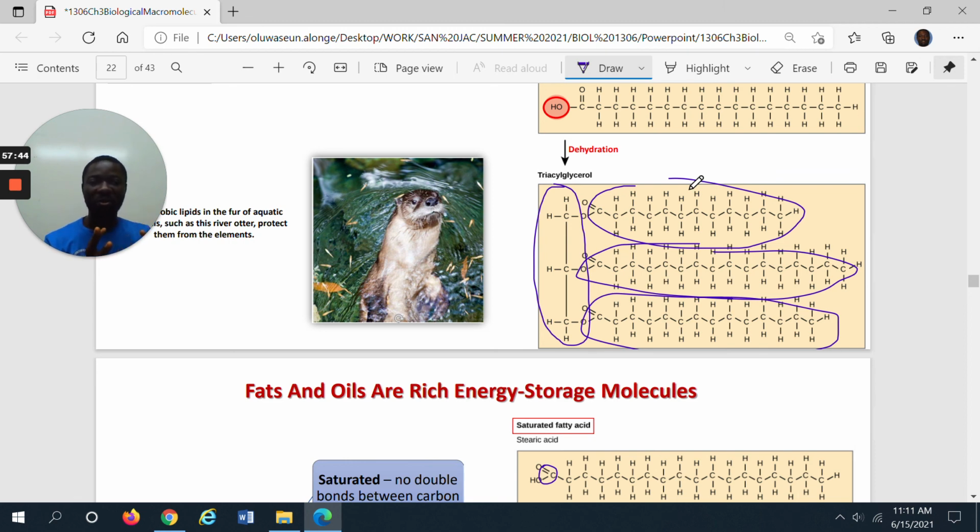It's not entirely different molecules that cannot be classified together. All right. So that is the difference between lipid and the other macromolecules. But then it is still a macromolecule. But we are not talking about its monomers because it's made up of different structures.